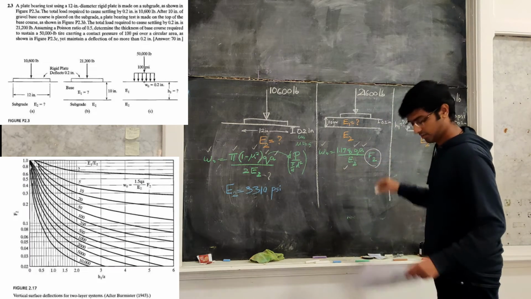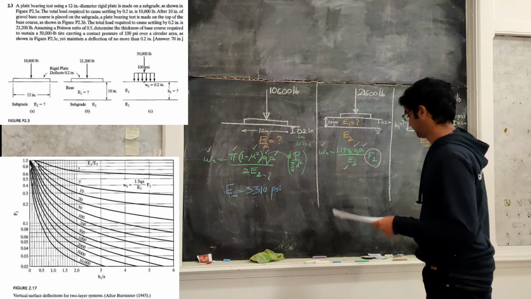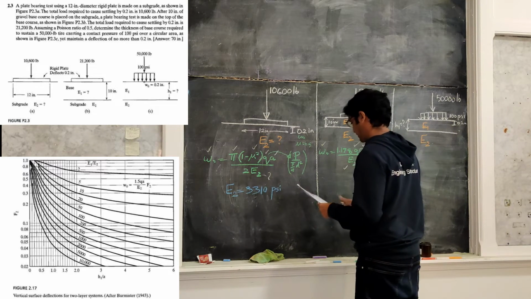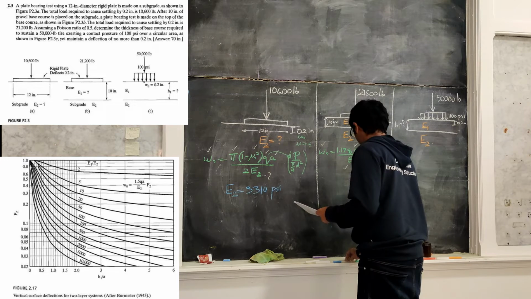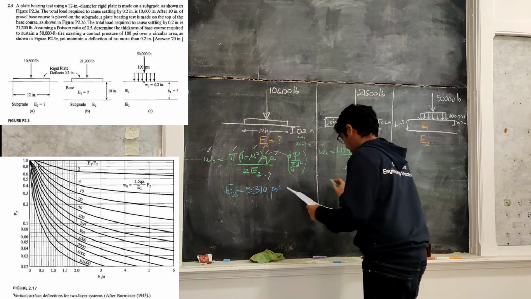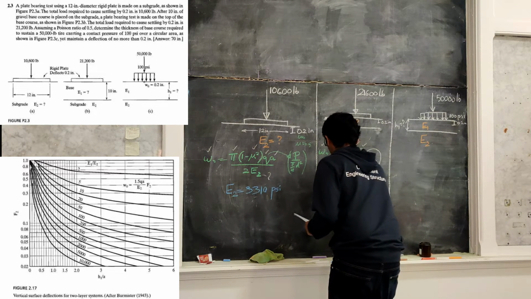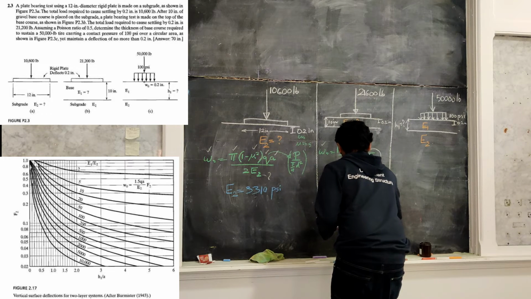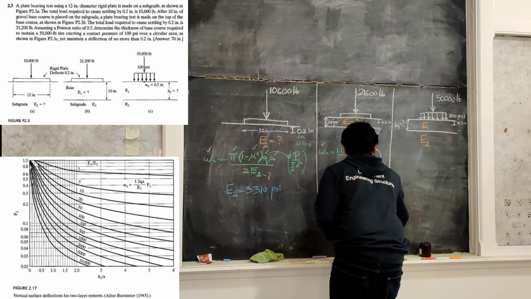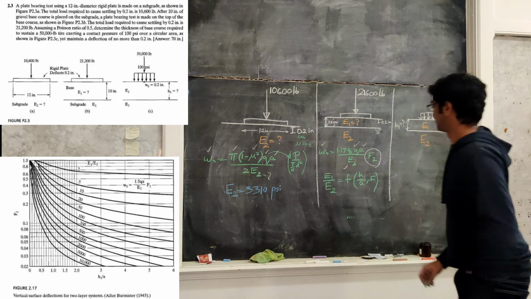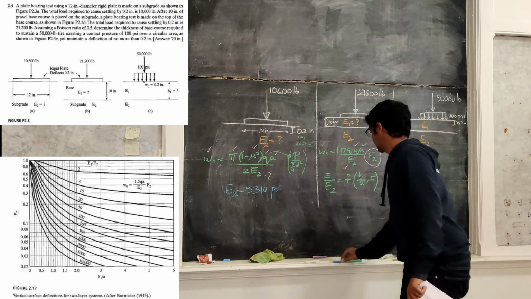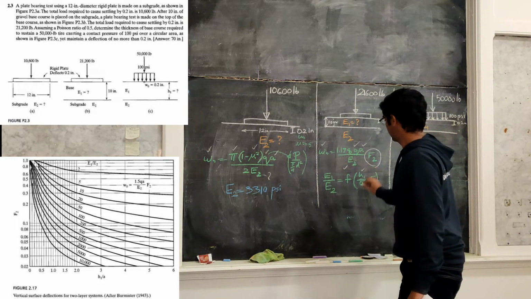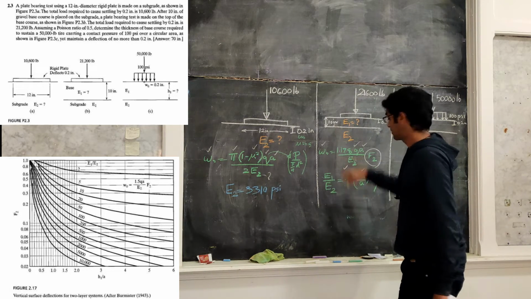Once you find this F2, you have to refer back to the chart. There is a chart which gives E1 by E2 as a function of H1 divided by A times F. So in this, you already know H1, which is the thickness, 10 inch.